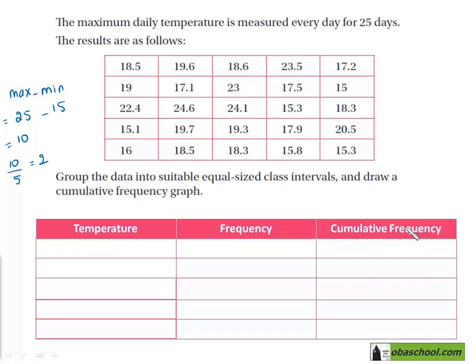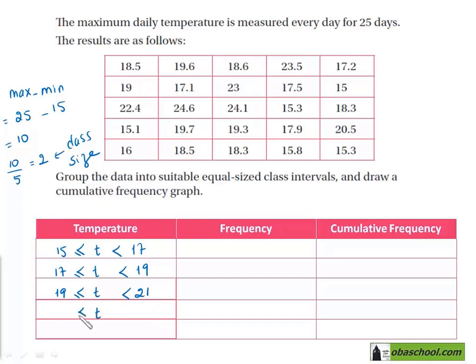First of all, the first column is going to have the temperature, abbreviated as T. T is going to stand for temperature. Now for the first range, I'm going to use between 15 and 17, since we're going to be jumping every 2 degrees. And so, for the second one, 17 to 19. After that, 19 to 21.